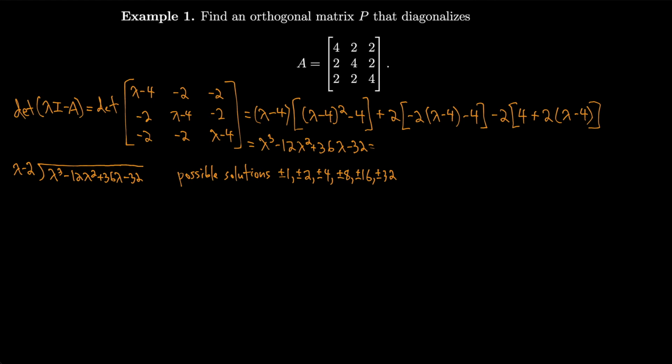So lambda fits into lambda cubed, lambda squared times. Multiplying, we get lambda cubed minus 2 lambda squared. And then we subtract, and we get minus 10 lambda squared. And then we bring down the 36 lambda.